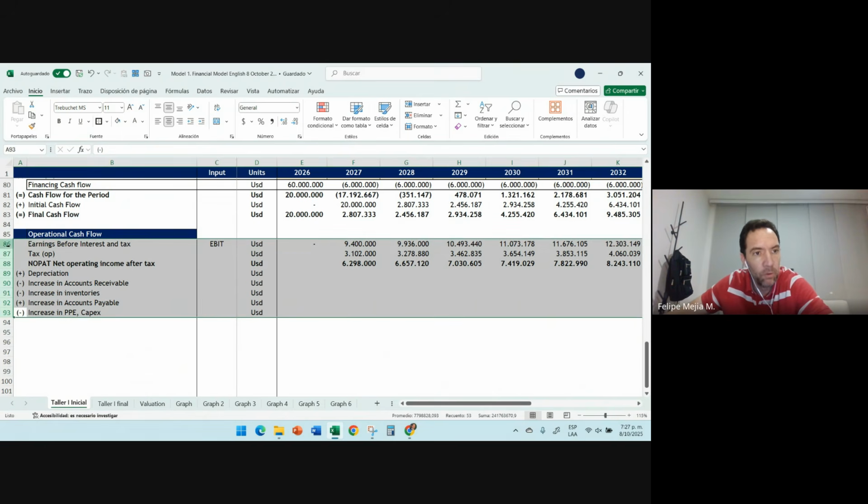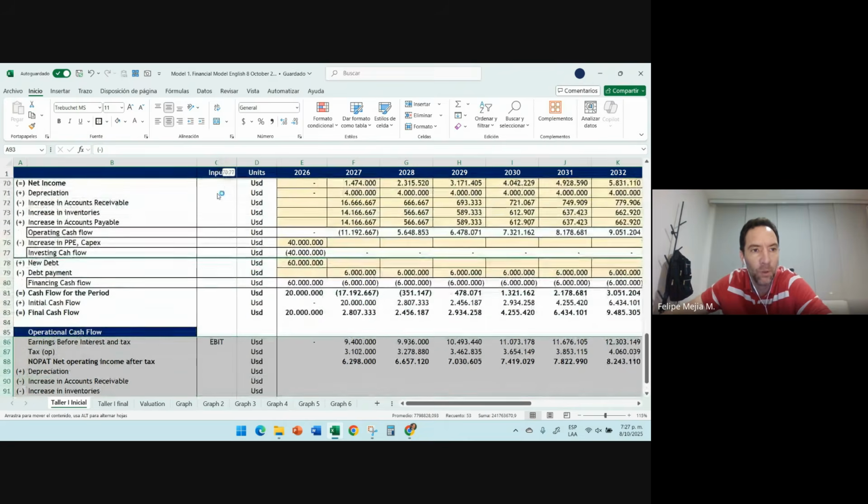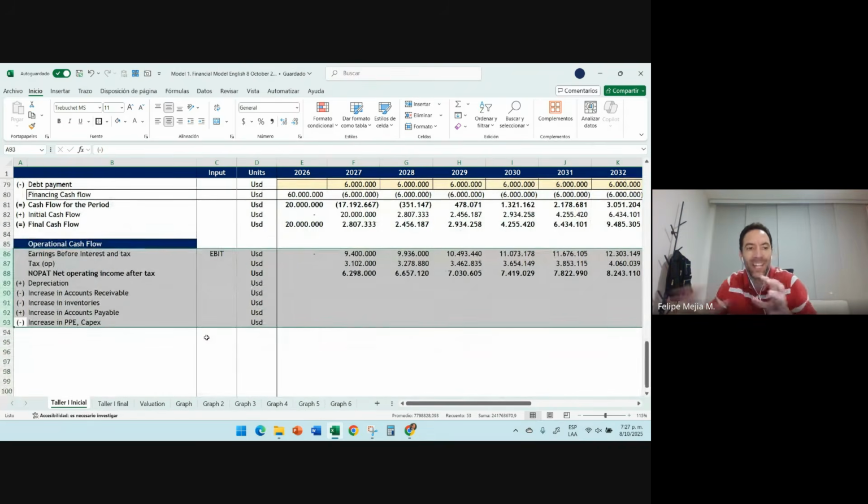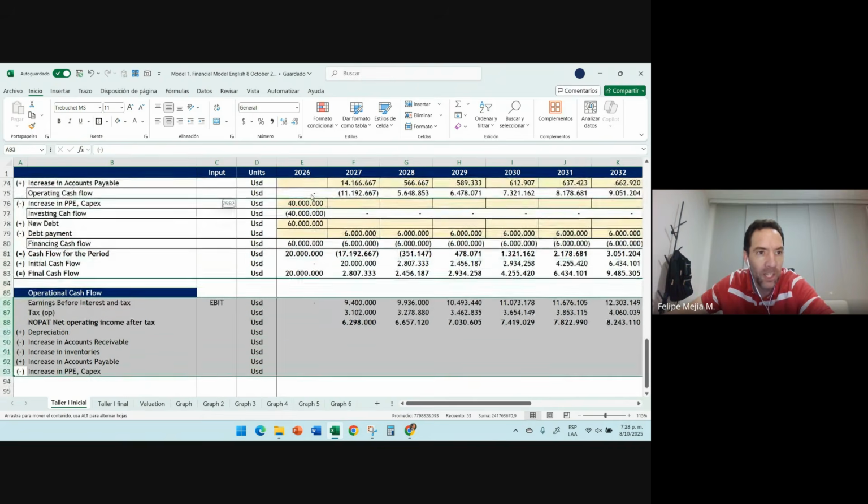I happen to know someone that's in this class right now, and I'm not going to say his name out loud, but where he works, they combine these both cash flow statements into one. That's a bit more difficult than what I'm doing here. What I'm doing here is breaking it into two different cash flows, the accounting cash flow and the operational cash flow. But I know someone who combines both into one.